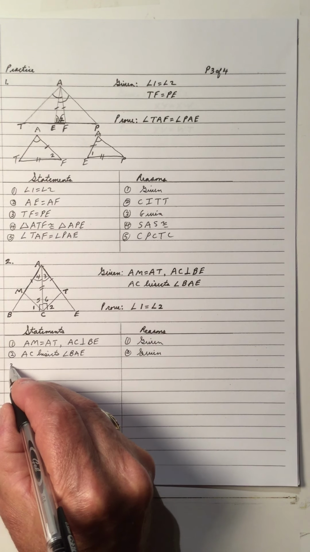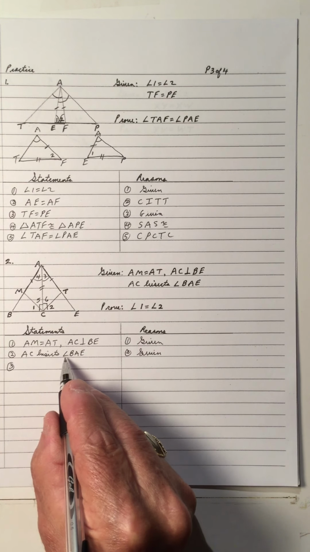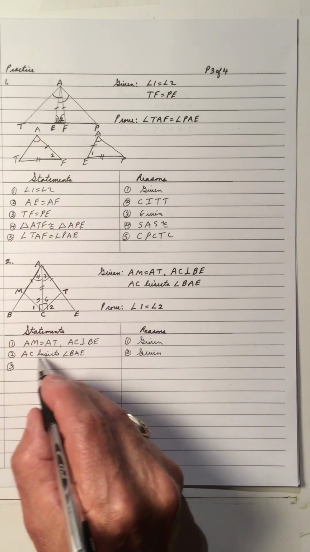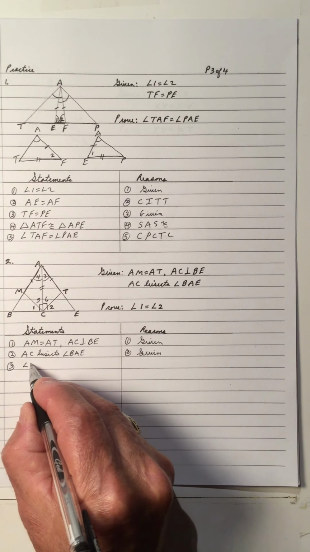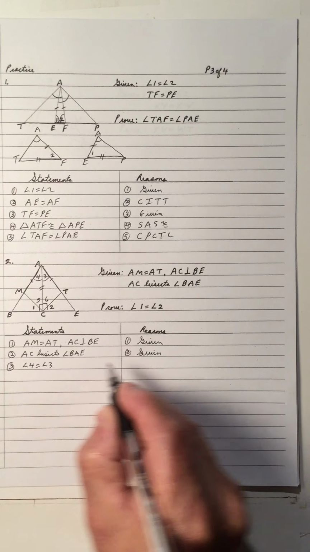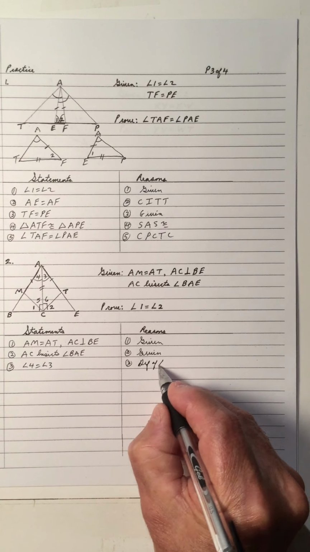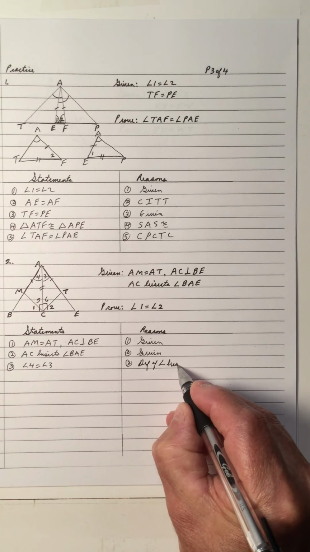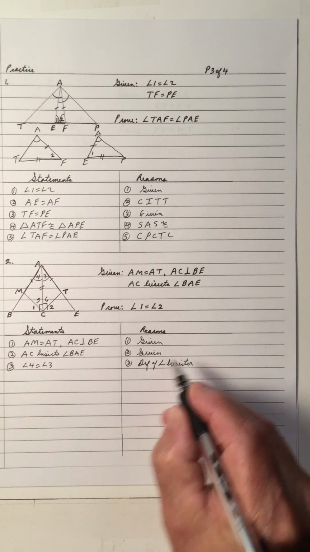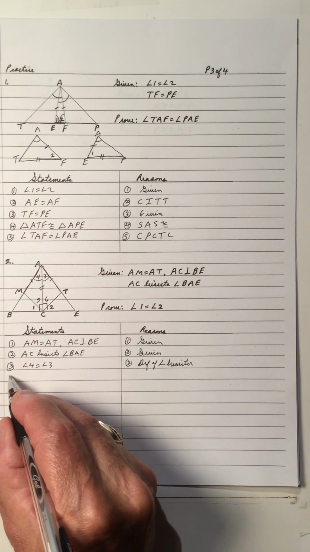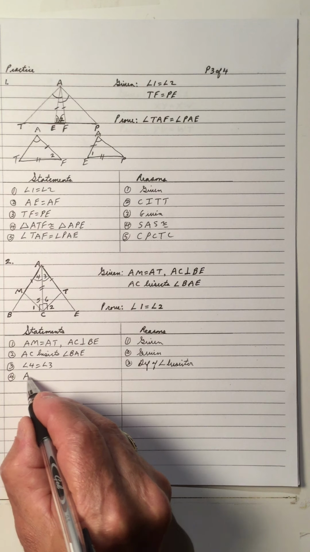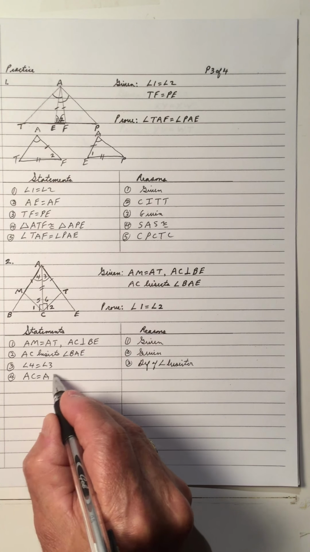I could put all the givens in 1, but because that's a bisector, I left the segment separate. And then I'm going to say angle 4 equals angle 3, definition of an angle bisector. And I have AC equals AC.